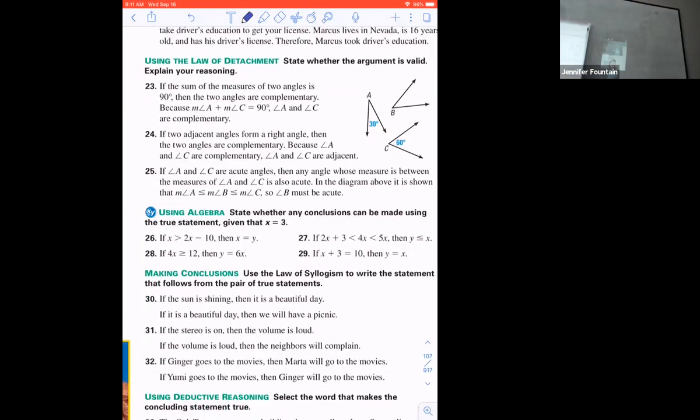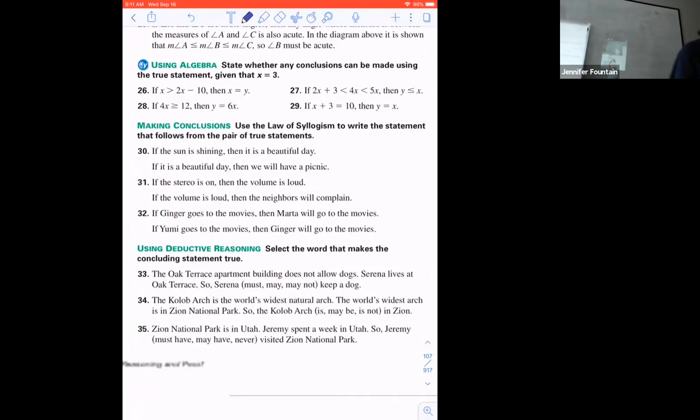Number 26. State whether any conclusions can be made using the true statement given that x equals 3. So if I plug in 3 for number 26, I would have if 3 is greater than 2 times 3 minus 10, then x equals y. So let's look at this. If we plug in 3, then we can see that 3 is greater than 6 minus 10. 6 minus 10 would give us a -4. 3 is greater than -4.